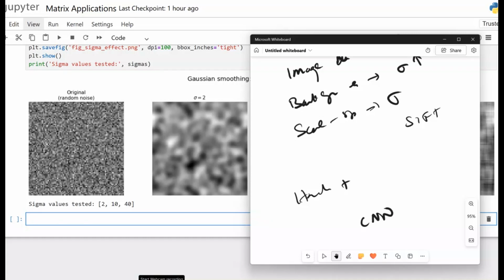From this whole session we have understood that matrix operations are organized collections of dot products and norms.